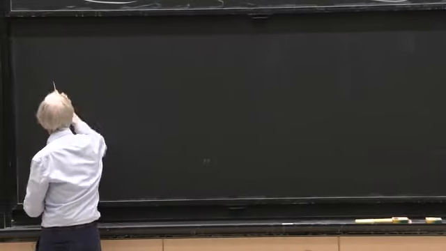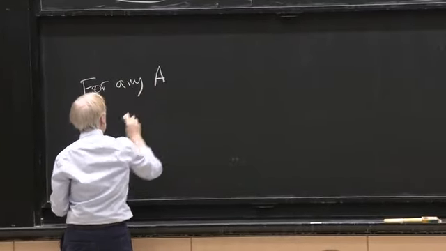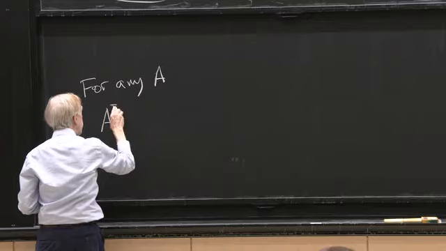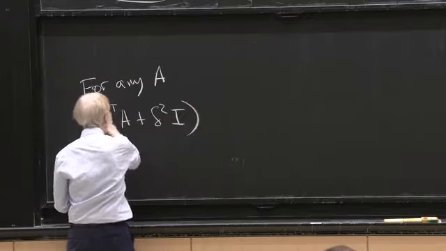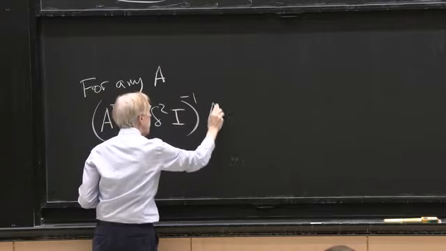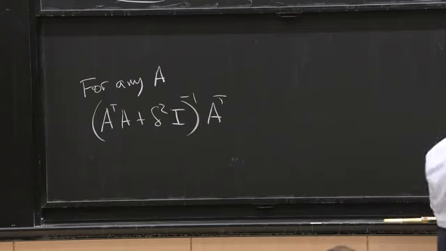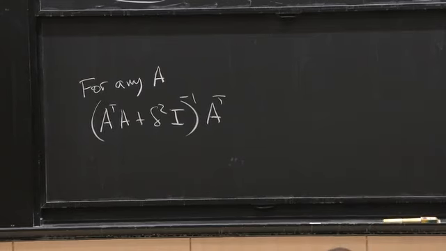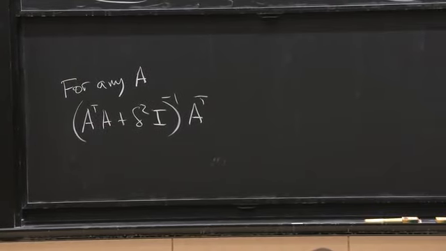So that's the statement. For any matrix A, this matrix, A transpose A plus delta squared, inverse, times A transpose, that's the solution matrix to our problem, right? Yeah, that's what I wrote down up there. I take the inverse and pop it over there.